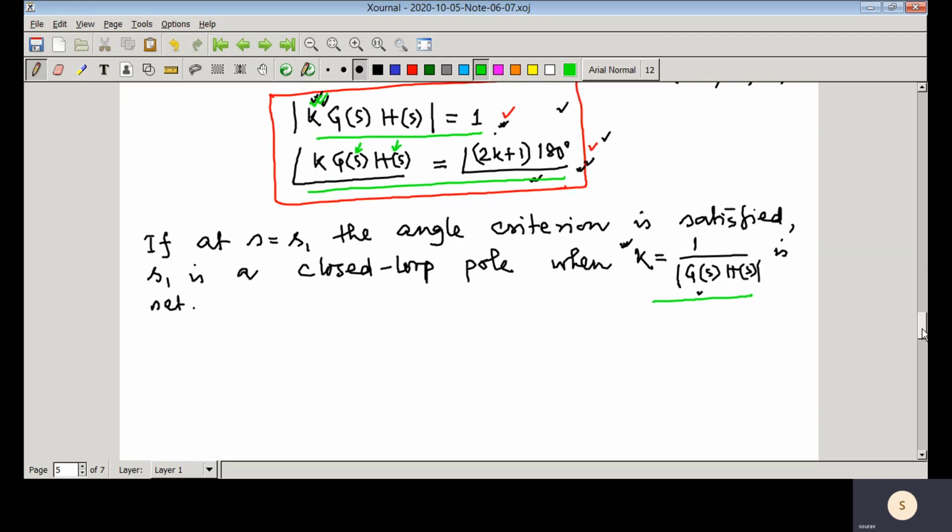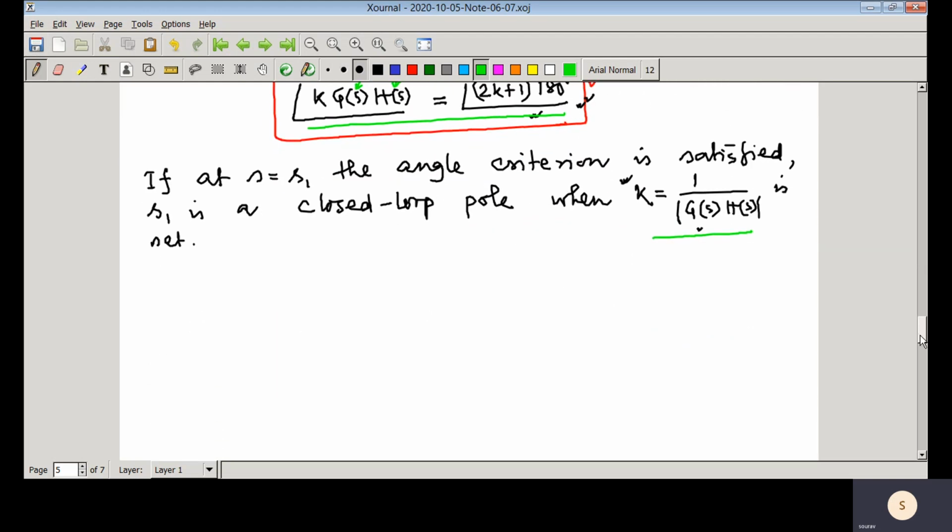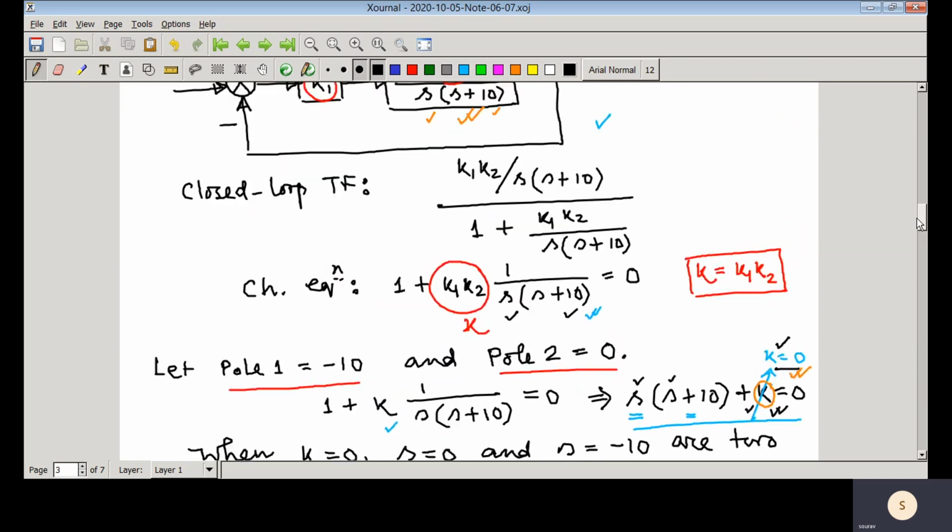So now we will just take one small example and we can find how it works. Let K G(S)H(S), that is the loop transfer function with that gain K. So there should not be any confusion.